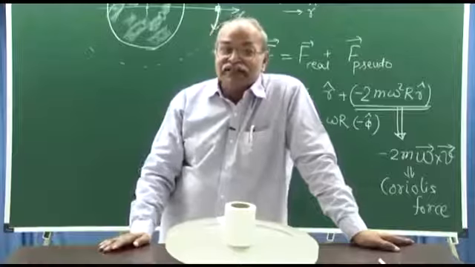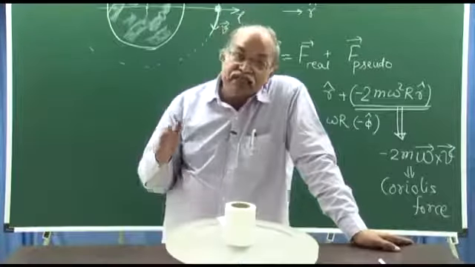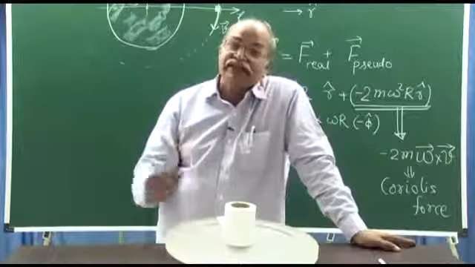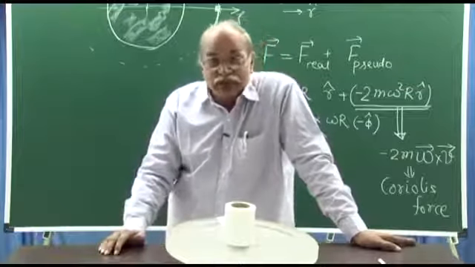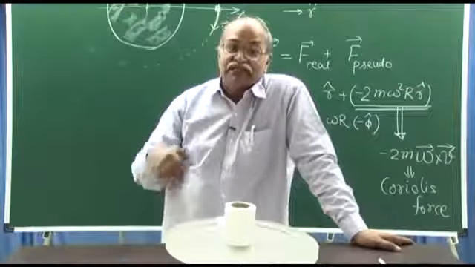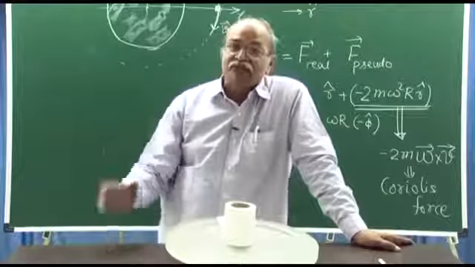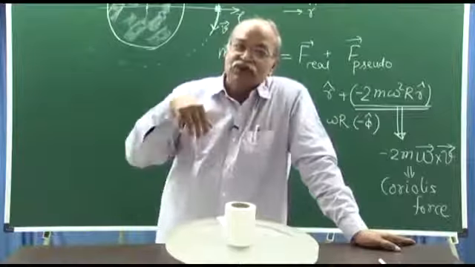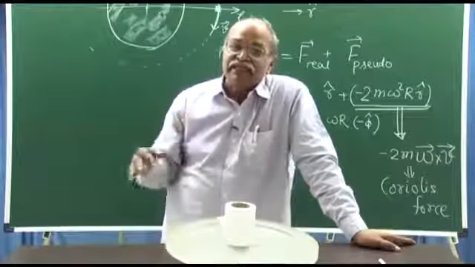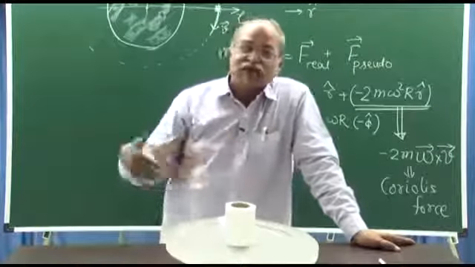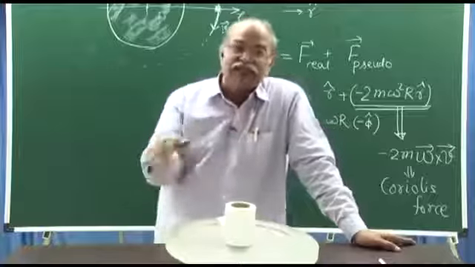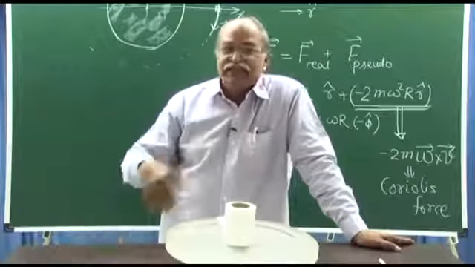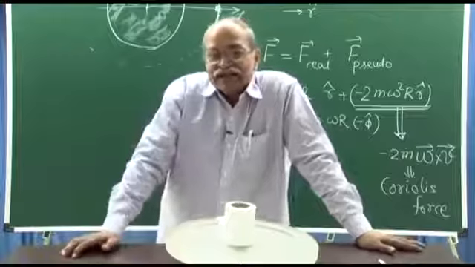And because of this, there will be a transverse deflection in things, and that shows up in many ways. Our cyclones are because of that: because of pressure difference, air mass moves radially towards the center or away from the center, and then the transverse force makes it a cyclonic movement, and many other things.